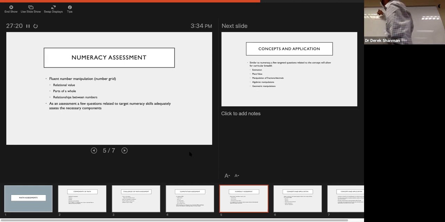I would give them a number, and I would say this is a section of a tens number grid. All right. And I would say, find this number and give me an equation, either addition or subtraction, that represents this grid.